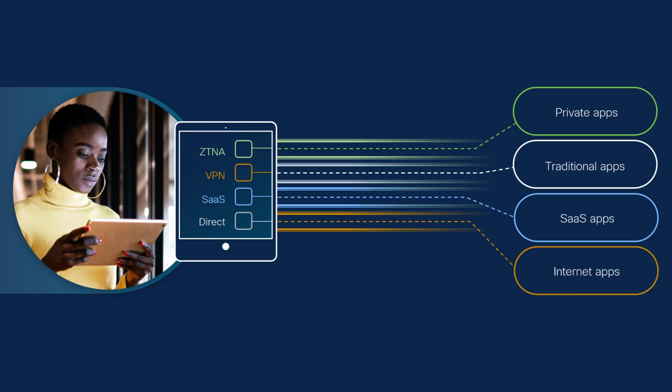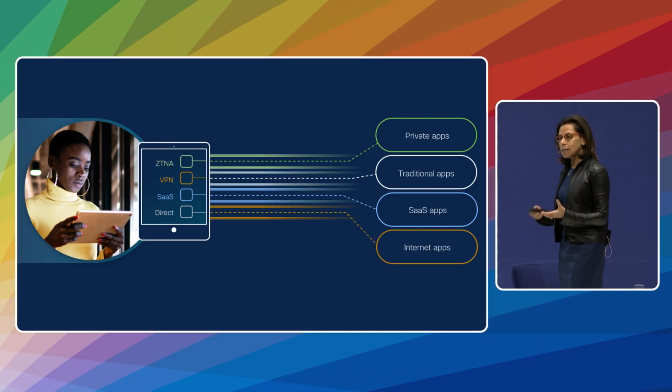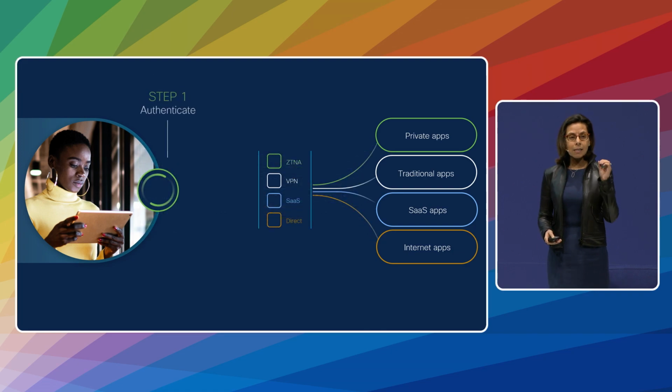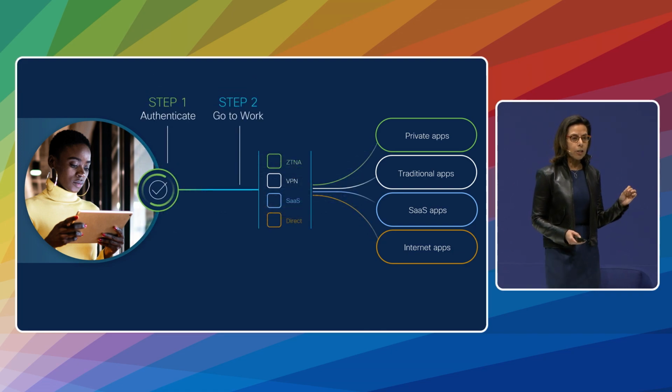If I'm accessing an application that's behind a ZTNA gateway, my experience is quite different from when I'm accessing an application behind a VPN gateway, or it's a SaaS application, or I'm going directly to the internet. As we conceive of what this should be like, we are changing that experience completely. For us, it's as simple as you authenticate a user as step one, and the next thing, they access the applications.